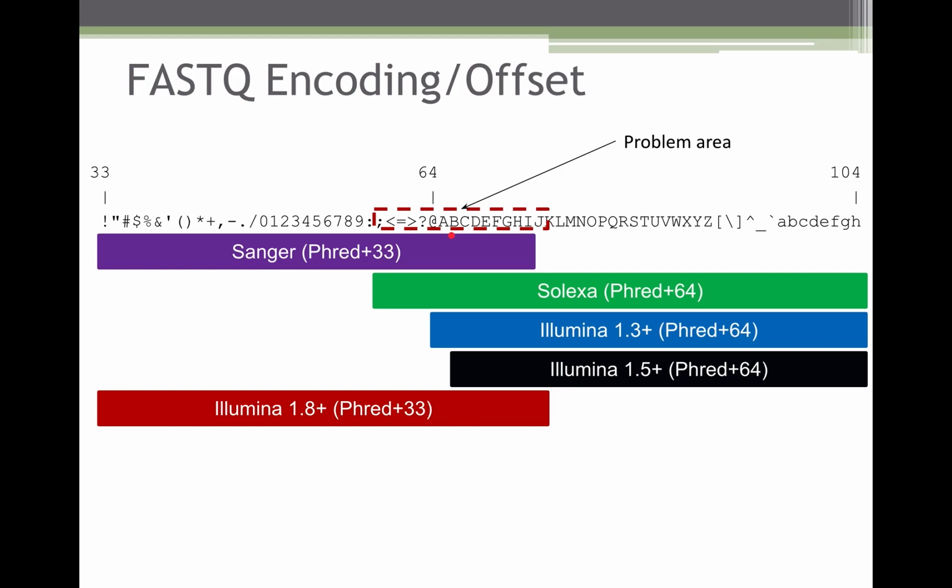So it's just good to be aware of that. And some of the tools can give you an option to specifically tell the software which scoring scale to expect, and other software may be smart enough to just decipher this information by themselves.